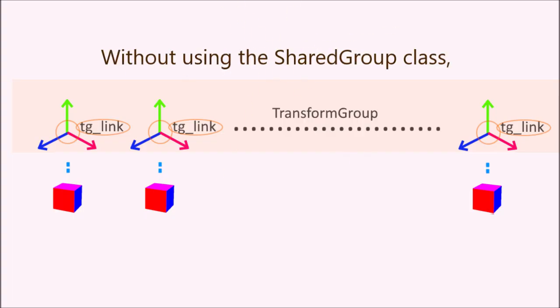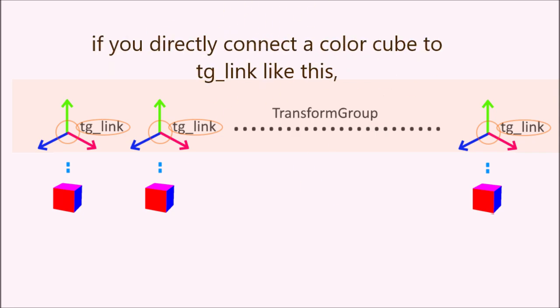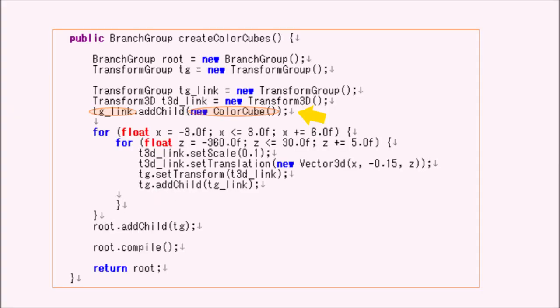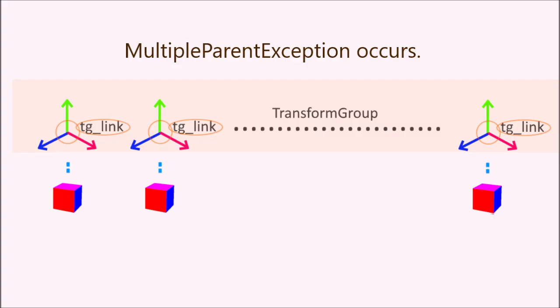Without using the SharedGroup class, if you directly connect a color cube to TG-Link like this, a multiple parent exception occurs.